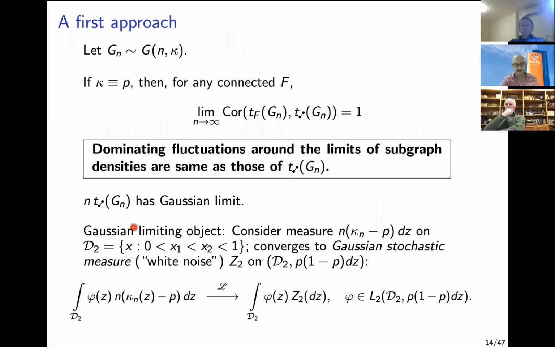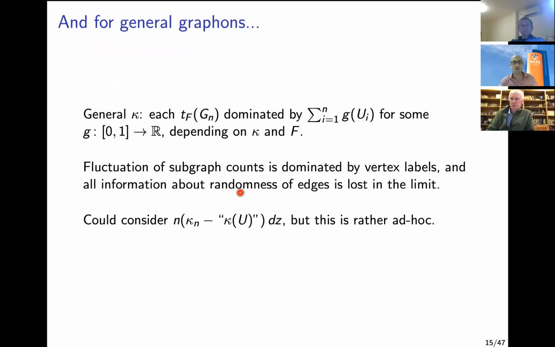In the previous case, we still had some information about it, in the sense that we get this white noise field on Z2, the white noise field on D2, that expresses the edge randomness. But here we completely lose it, and the dominating effect is just the labels, which is not very interesting, because we're not interested in the labels, we're interested in the edges.